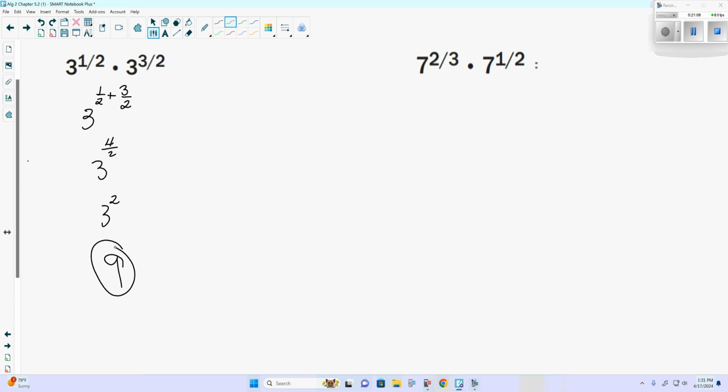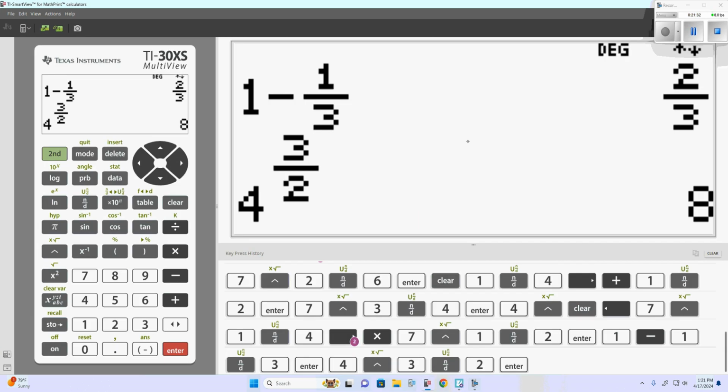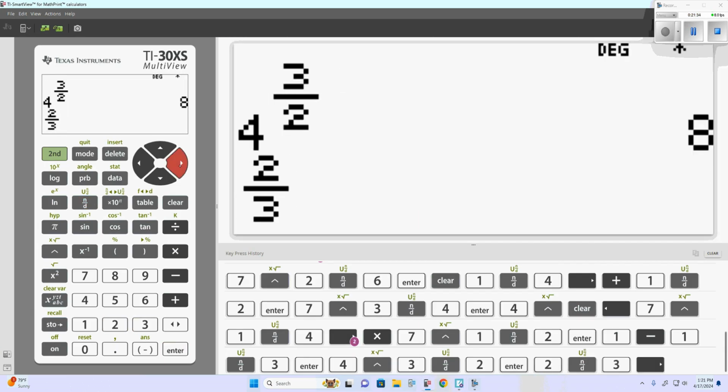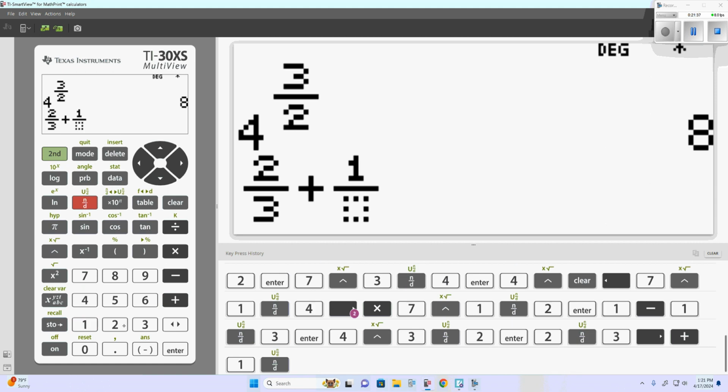7 to the 2/3 times 7 to the 1/2. Since we're multiplying like bases, we would add the 2/3 and 1/2. Again, you can do this in a calculator. 2/3 plus 1/2 is 7/6.